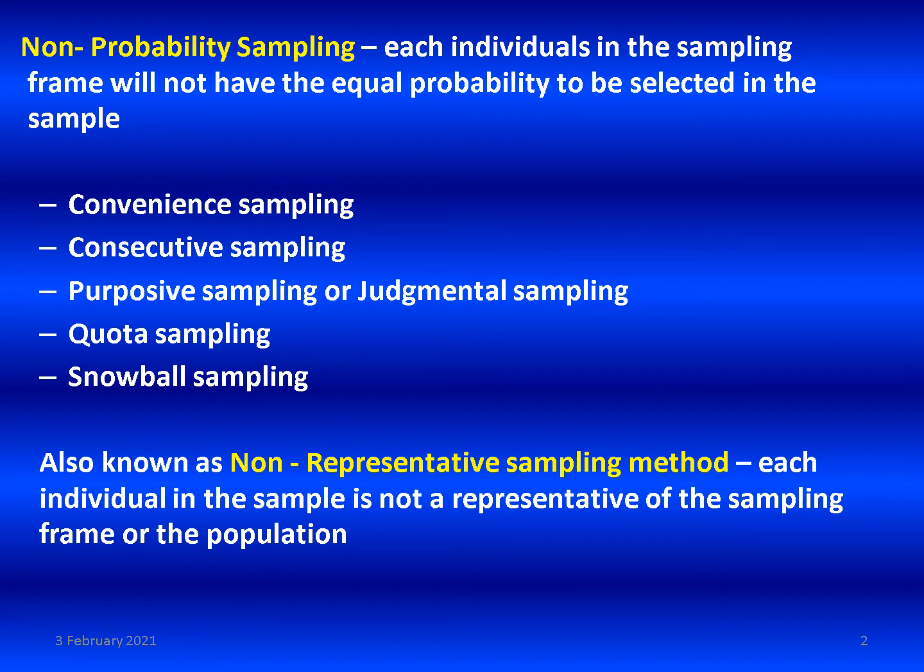Non-probability sampling method is otherwise known as non-representative sampling method. Why is it non-representative? Each individual in the sample is not a representative of the sampling frame or the population.